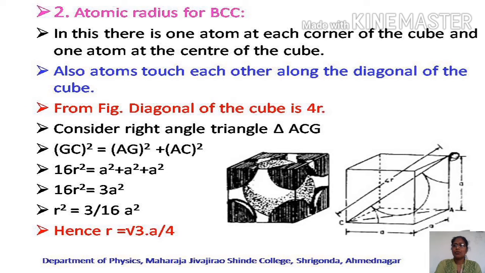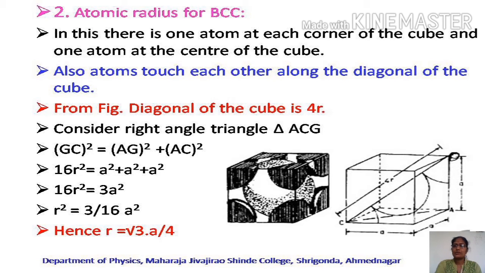If you observe the figure, AC square is nothing but A square plus A square, and the value of AG is A. Therefore, if we consider the triangle ACG, it is not O, it is G. Consider it as G, ACG.